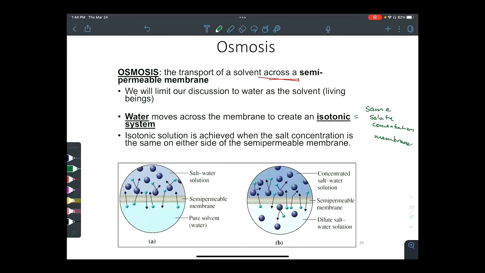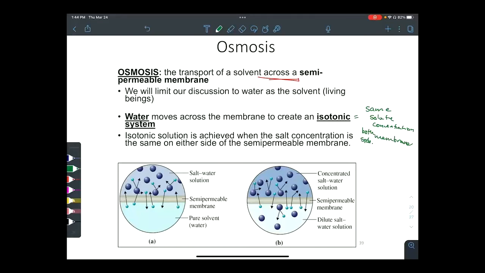Same solute concentration on both sides of the membrane. That's the whole idea. Water will move in such a direction to make the concentrations the same on either side of the membrane. And that means isotonic solution, same concentration. Iso means same. And we'll look at scenarios where they're not the same and what happens.